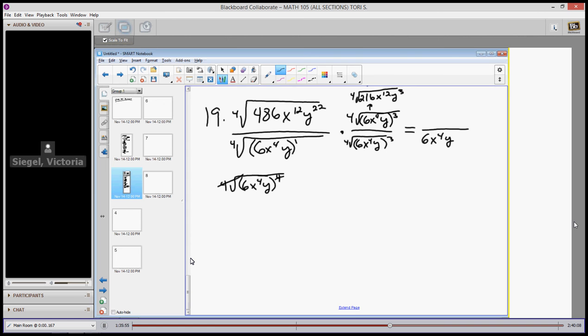And then you would multiply these two together. And when you multiply those two together, you get a very large number. So you get 104,976 x to the 24th, y to the 25th.